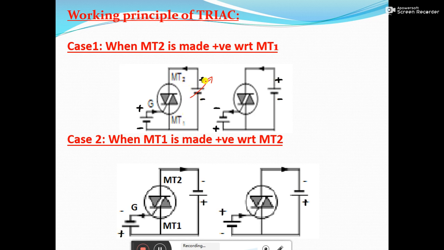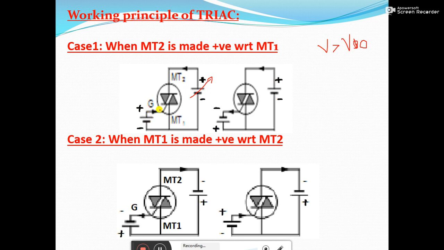Once this applied voltage becomes more than VBO, that is, whenever V is greater than VBO, a large current will result from MT2 to MT1 by destroying the J2 junction.